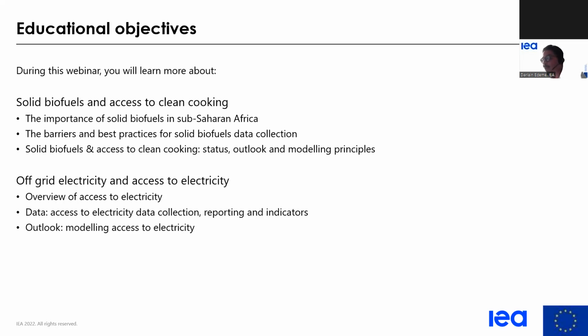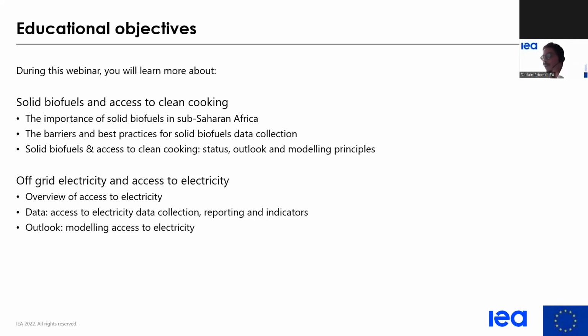For example, how can we do long-term projections of electricity access, and what could the future look like in terms of required investment for giving universal access to electricity?